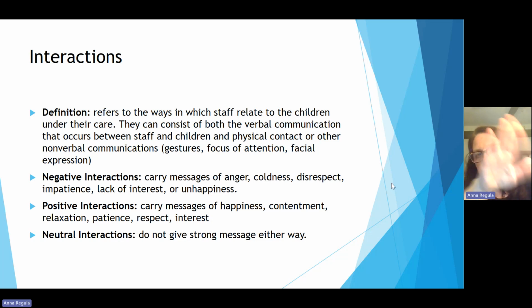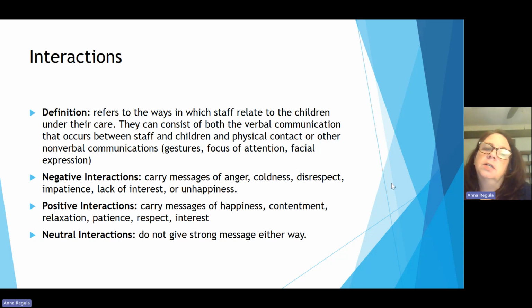All right, so interactions. I meant to move all of them over to here. So definitions refers to the ways in which staff relate to the children under their care. So they can consist of both verbal and nonverbal, or even physical contact, okay? And nonverbal gestures. If someone's rolling their eyes, like, oh, I can't believe they don't just walk so I can change their diaper, that'd be negative, okay?